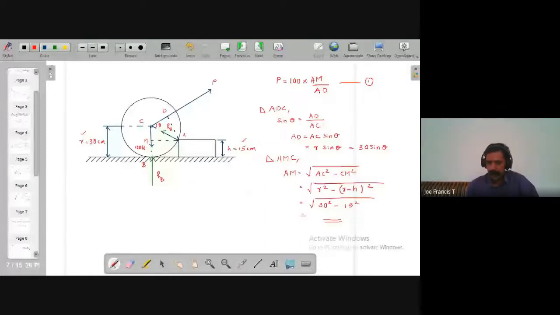I did not calculate it, let me see. 25.9, right? Okay, let's assume so. And now substitute these two values here in P.